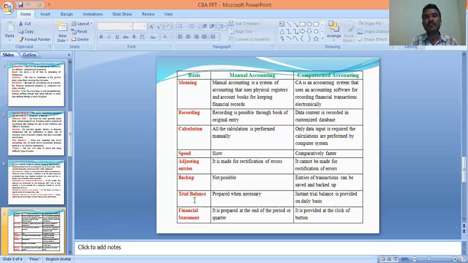Basically, you know very well about that. We have to prepare two types of financial statements. Number one is the profit and loss account. Next one is the balance sheet.